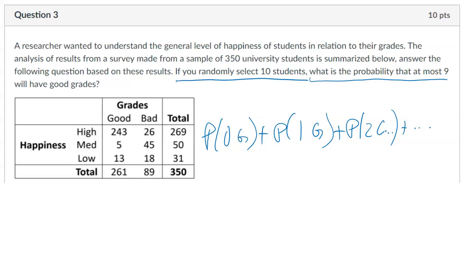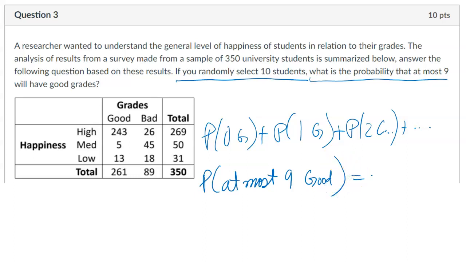The right approach to be able to do this in a timely manner is to think of what is not included here. You want the complement. Again, what you really want is the probability that at most 9 have good grades.